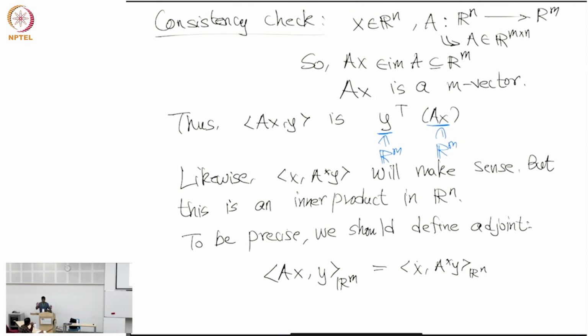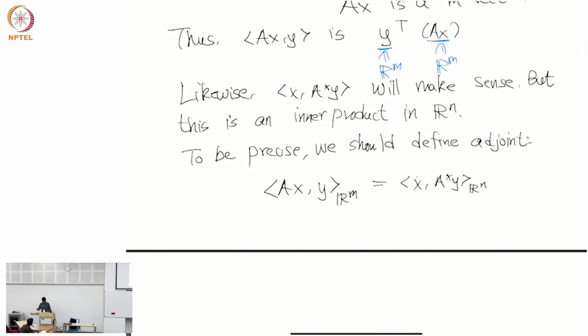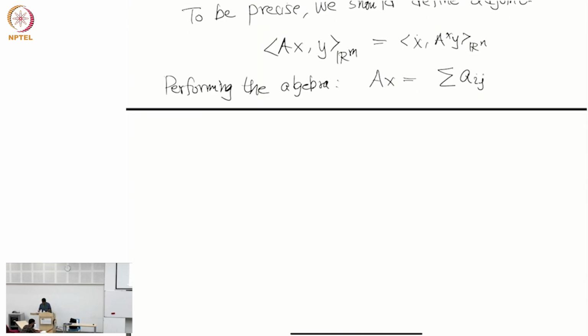Okay, so if you now use this definition and you just do the algebra, Ax can be written in terms of Aij. I'm going to show you how I think of Ax, as I tried to show on the first day as well.